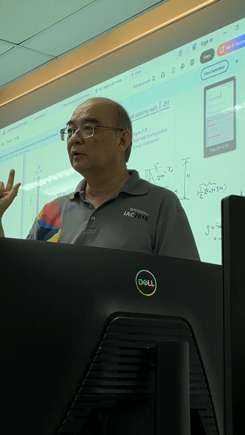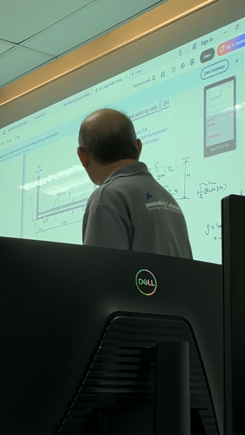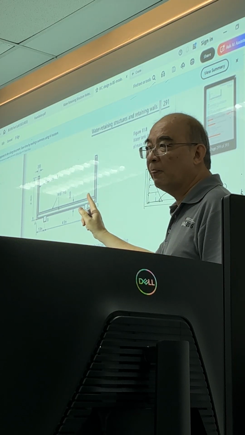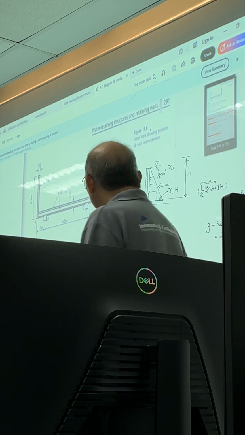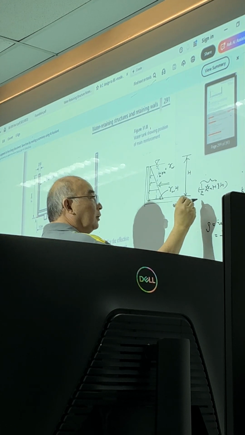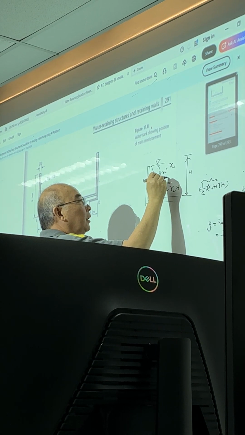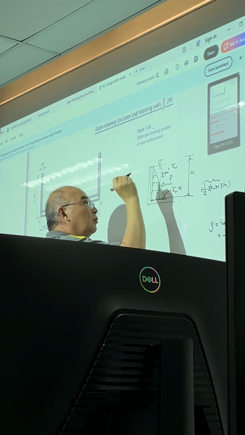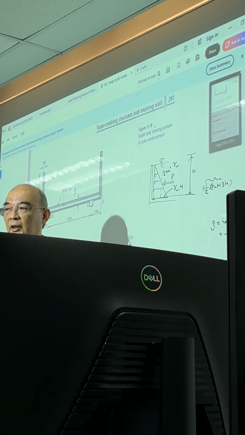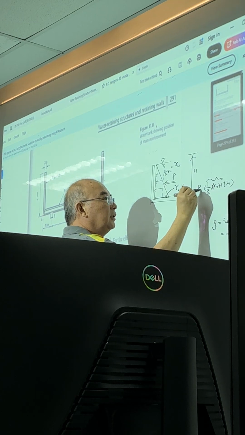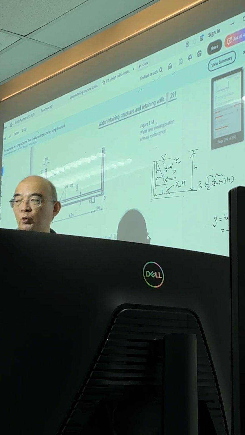What's the units? This one. Kilonewton per meter. This is the force, right? Let's say I call this P. The force P is equal to 1/2 of gamma h squared, right?